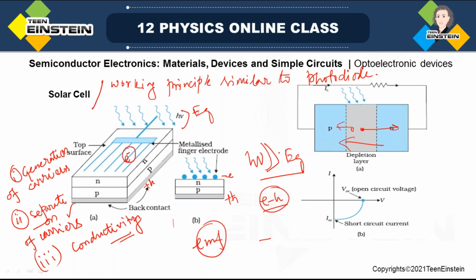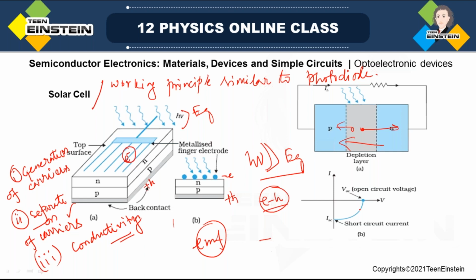Now we'll see this graph. This is very, very important. You can see this IV characteristics here. Look here, in the IV characteristics you can see only a curved line in the fourth quadrant, okay. Why in the fourth quadrant?